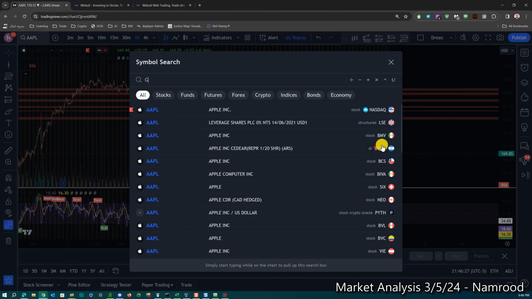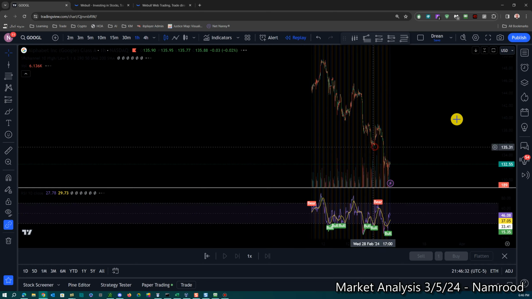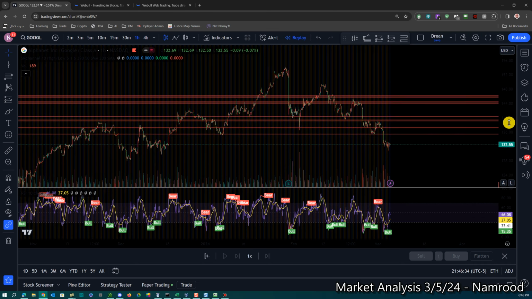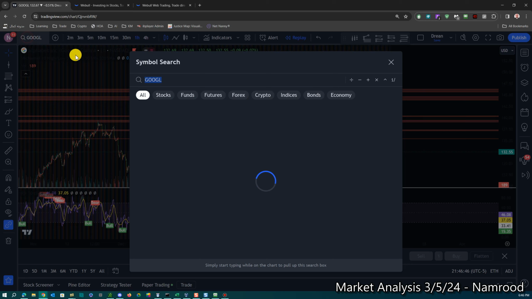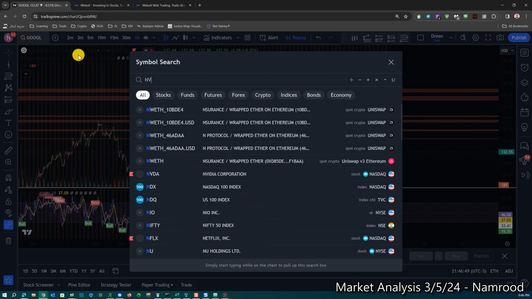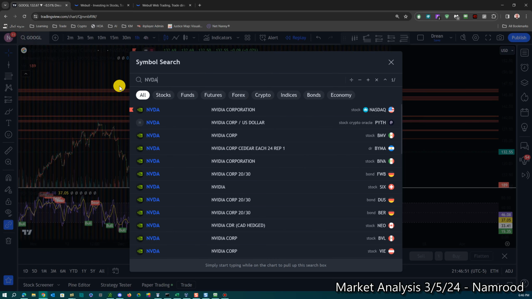I mean, see the difference between those 2 charts that I showed you, Google and Apple, and then Nvidia. Nvidia is obviously going up, but with 2 like Apple and Google and the Magnificent Seven, it's really putting pressure on the index.